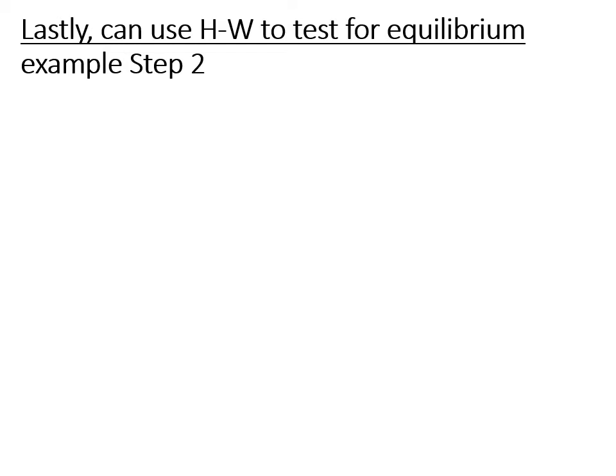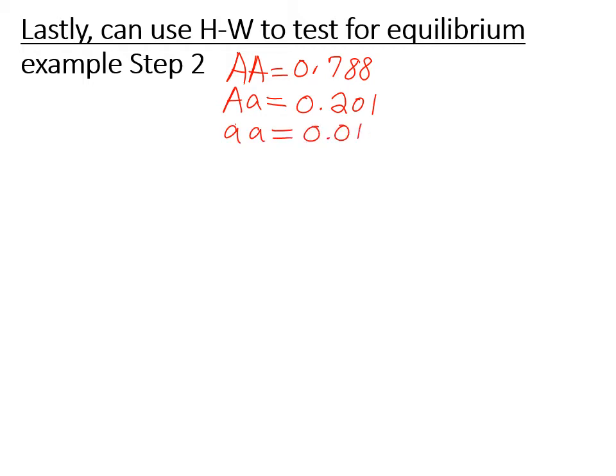Okay, so I'm just going to take a second to rewrite on this slide what we just wrote in terms of the frequencies. So we had on the previous slide A frequency was 0.788. Heterozygous was 0.201. And homozygous recessive was 0.011.